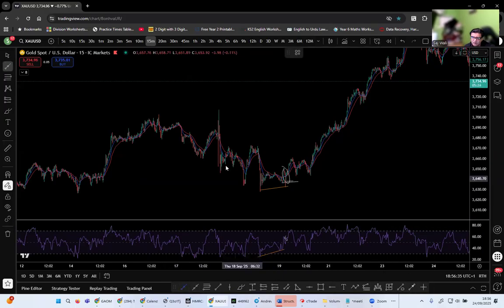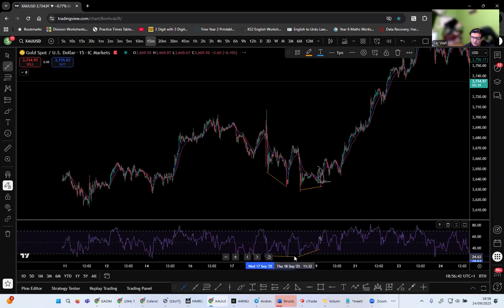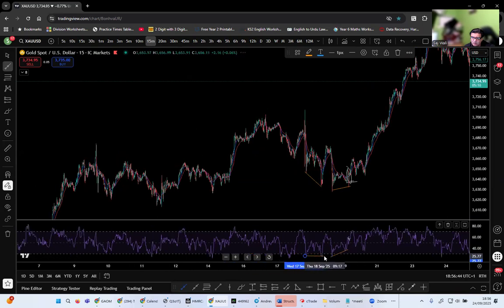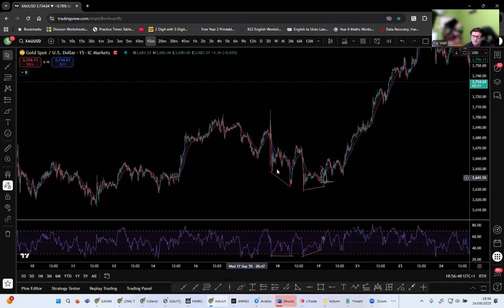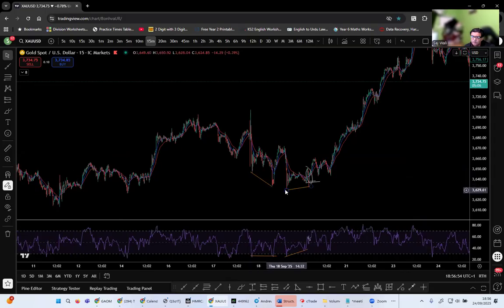Here we have divergence. For divergence, there should be at least a minimum of 2 legs for the divergence to happen. And look, here was another divergence as well.